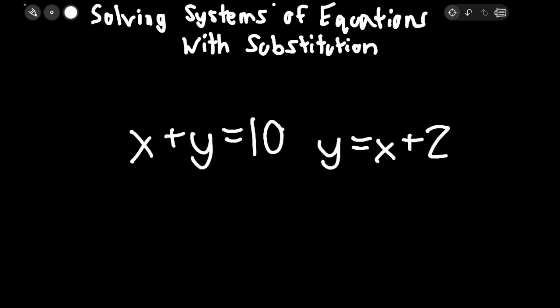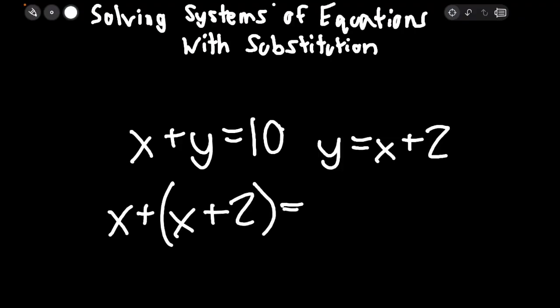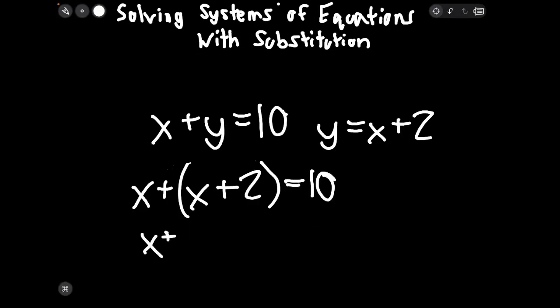And then for our third example, we have x plus y equals 10, and then y equals x plus 2. For this one, we could substitute x plus 2 for y. We get x plus (x plus 2) equals 10.